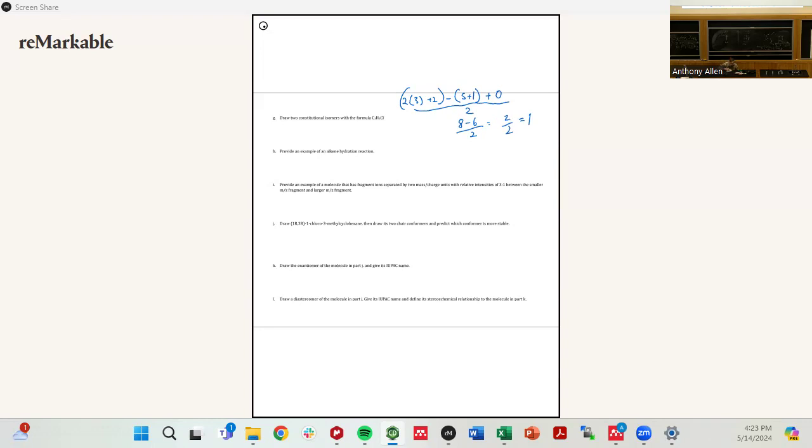So I can draw, I know that has C3. I know that's my chlorine. So the hydrogens take care of themselves as long as they have the correct degrees of unsaturation. How about that? How about that?